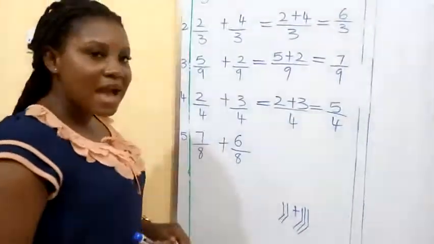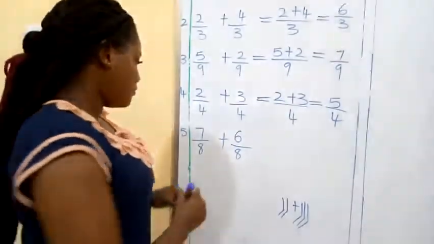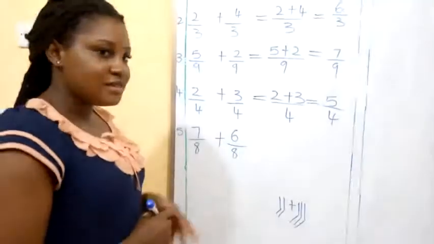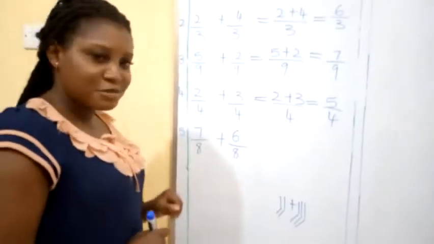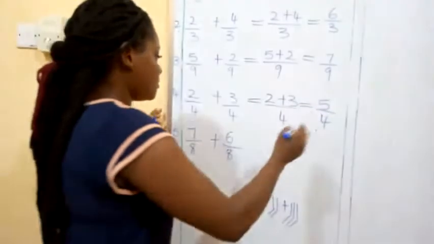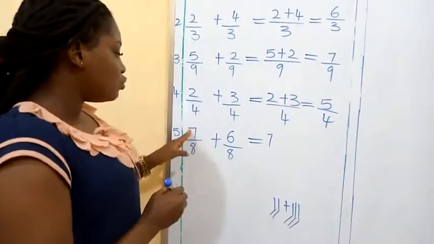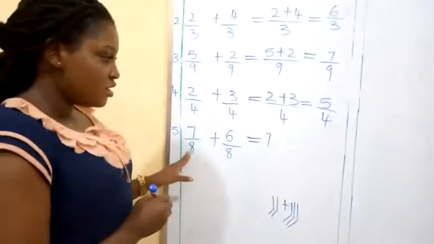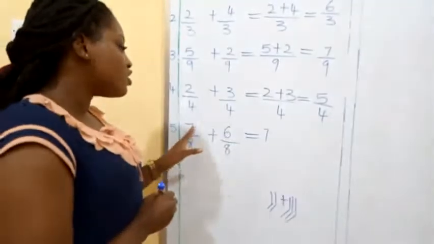Okay, what number is up? Is it 8 or 5? 5? No. 8? No. 7? Yes, it's 7. So we write 7. 7 plus what? Do we add 7 plus 8? No. 7 plus what? 6. Because these are numerators, isn't it?